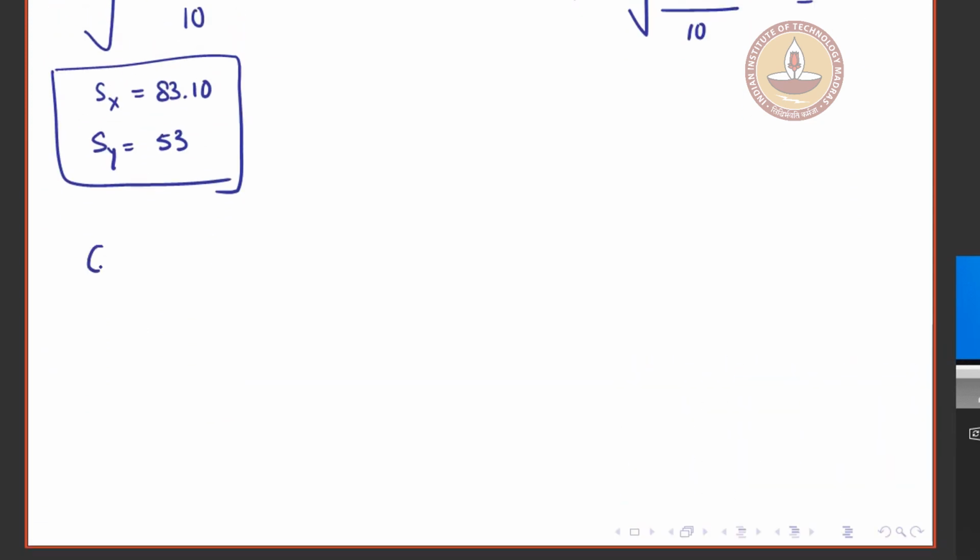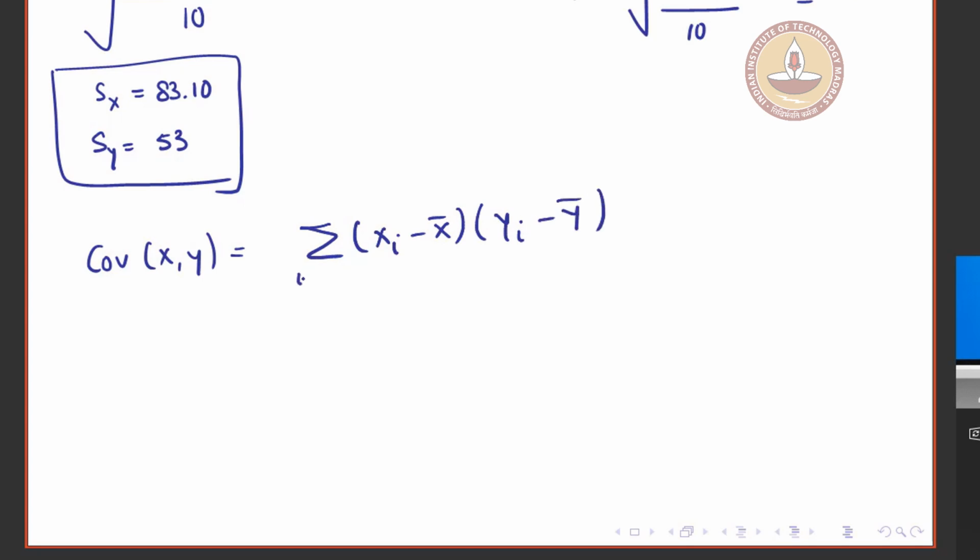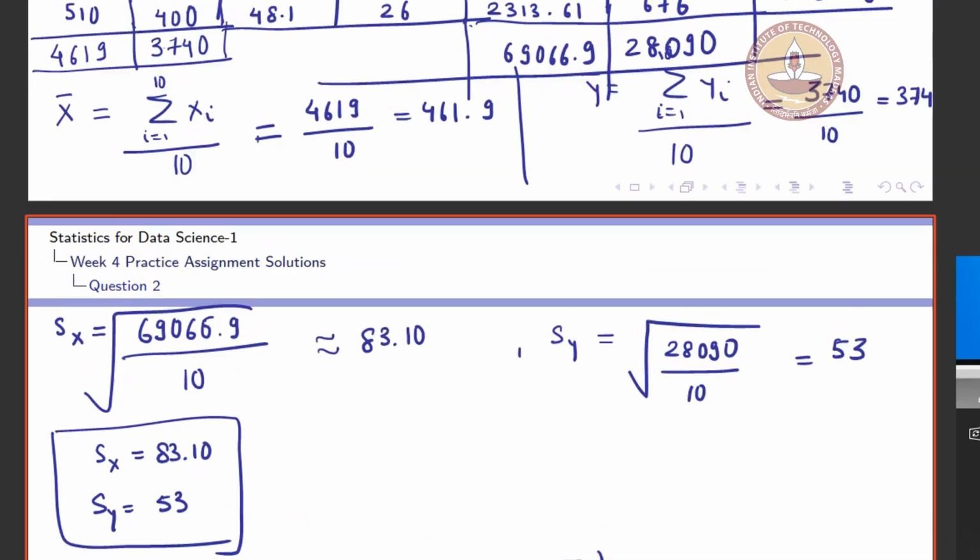The formula for covariance, as we know, is the sum over xi minus x bar into yi minus y bar, i varying from 1 to 10, divided by 10.